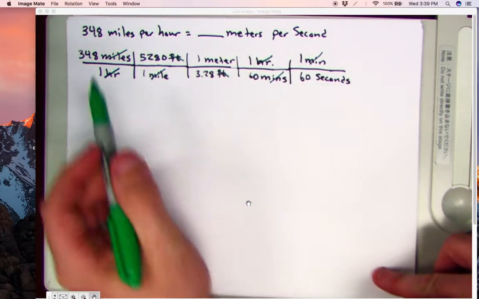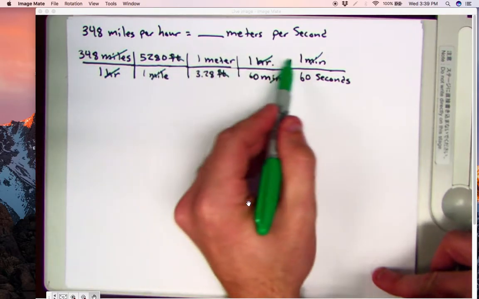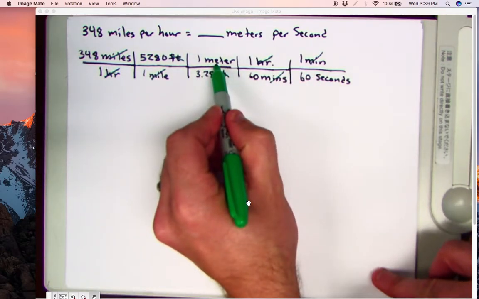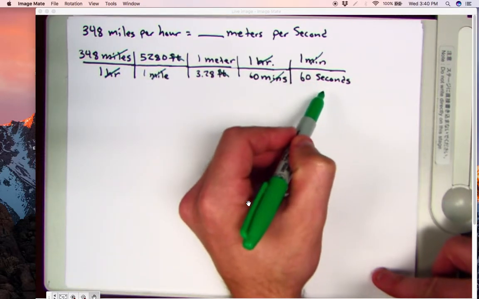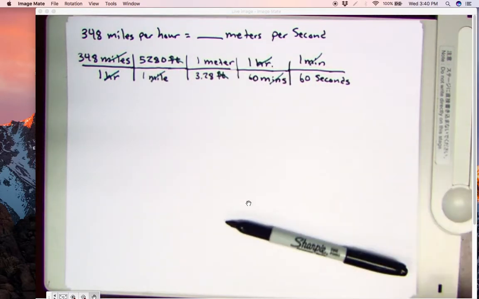So let's recap. All the units on the top canceled out except this meter. All the units on the bottom canceled out except the seconds. So now we've got some multiplying and dividing to do. Let me find my calculator, my handy dandy calculator.